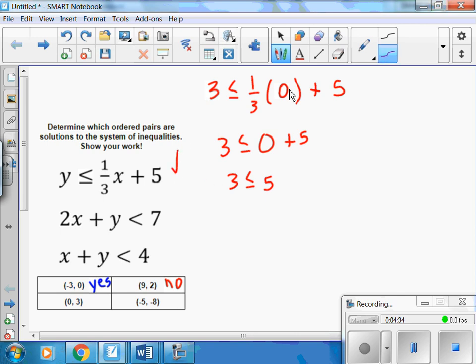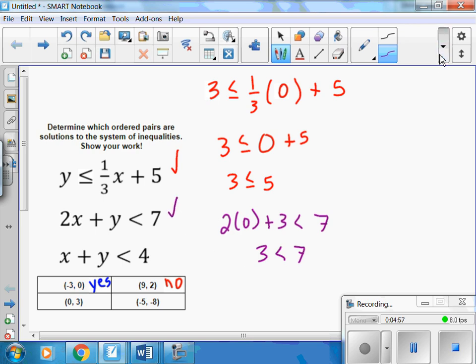Alright, so now, let's plug 0 in for this x and 3 in for this y. So you got 2 times 0 plus 3 is less than 7. 2 times 0 is 0, plus 3 is 3. Is 3 less than 7? I think it is. 3 is less than 7, so it works here.